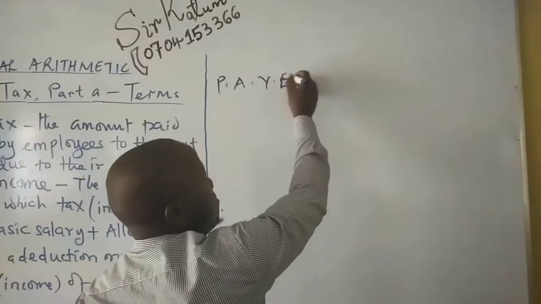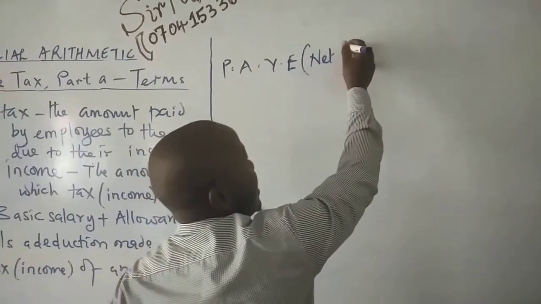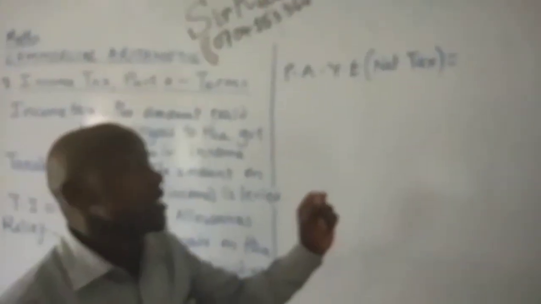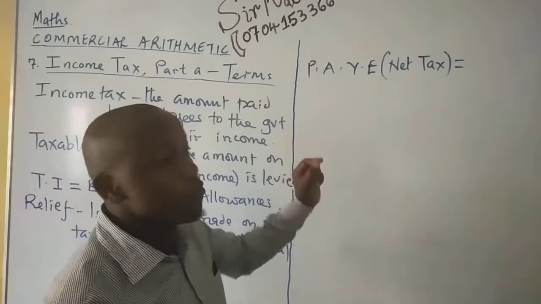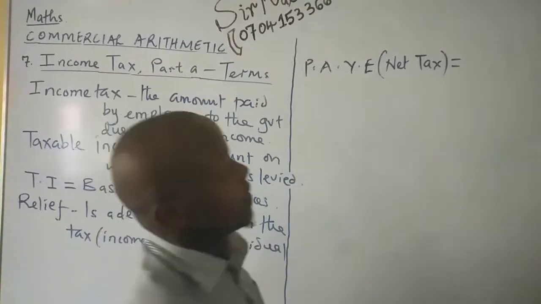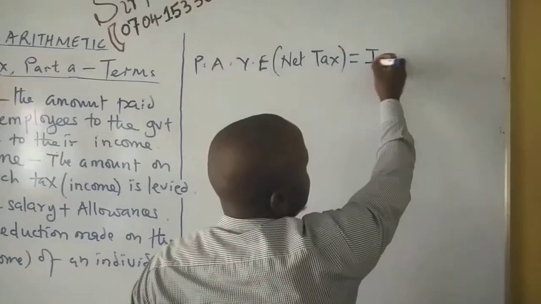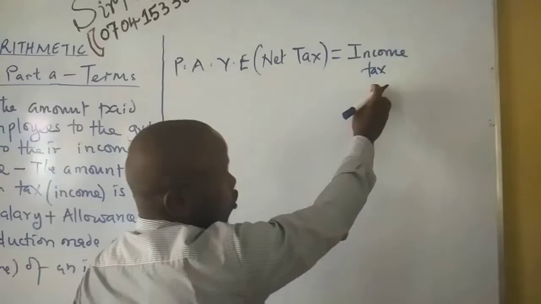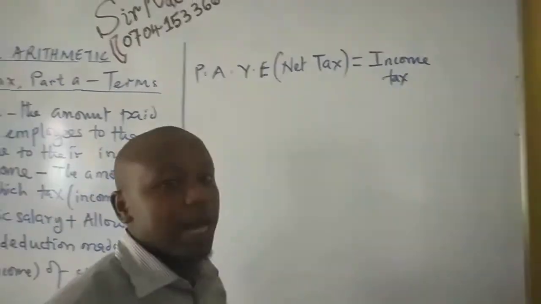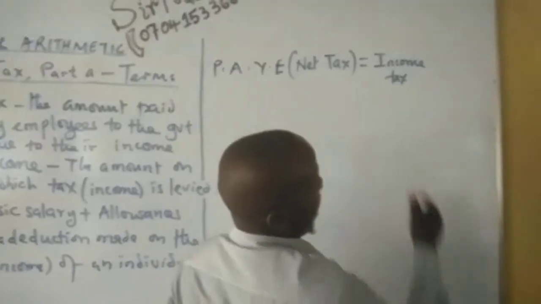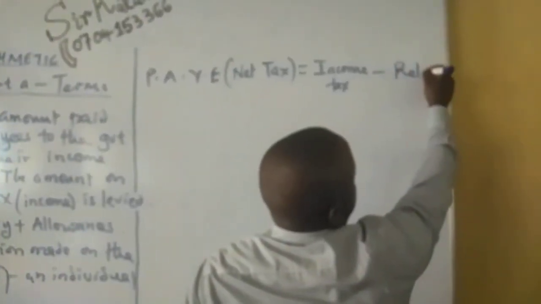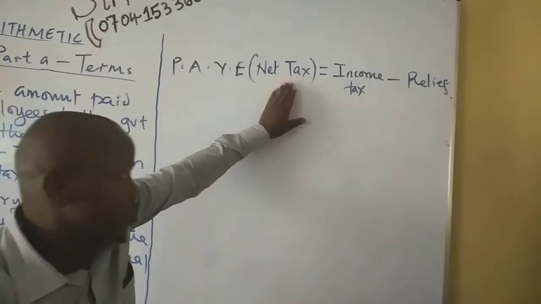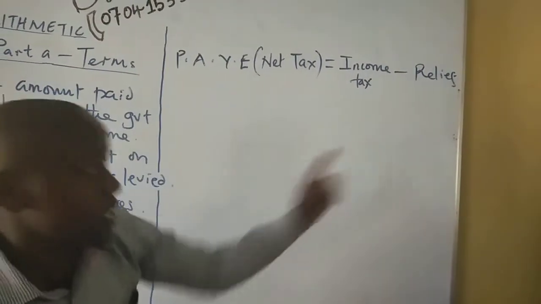Another name for PAYE is net tax, which is the tax paid once relief has been deducted from your income tax. Therefore, when we take the total tax due to somebody's taxable income and subtract relief, we get the net tax paid by that person, or the PAYE of that person.